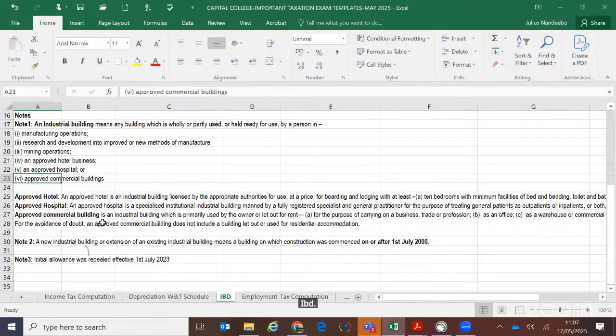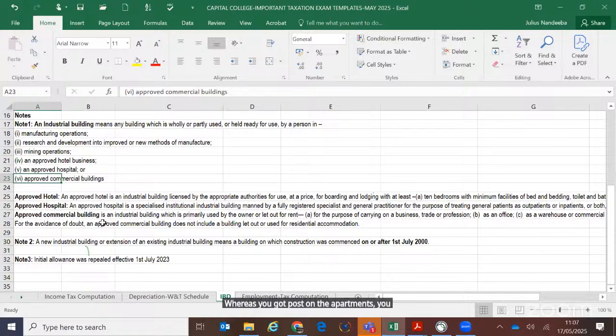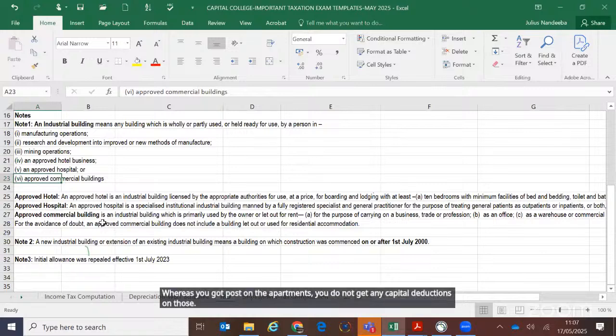But if it is a factory, if it is an office, if it is a commercial building here in town, you will calculate IBD. The only time you're not going to calculate IBD is when they tell you this building is used for residential accommodation, such as apartments. Whereas you incur cost on the apartments, you do not get any capital deductions on those apartments.